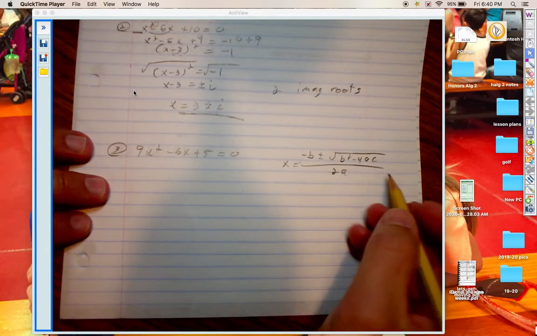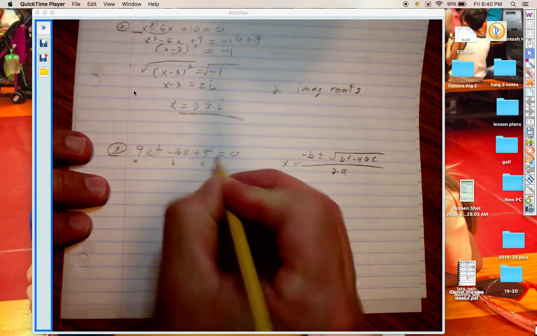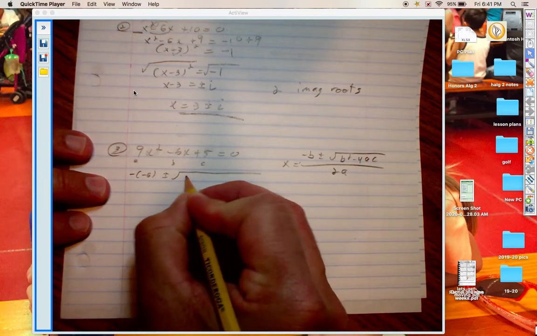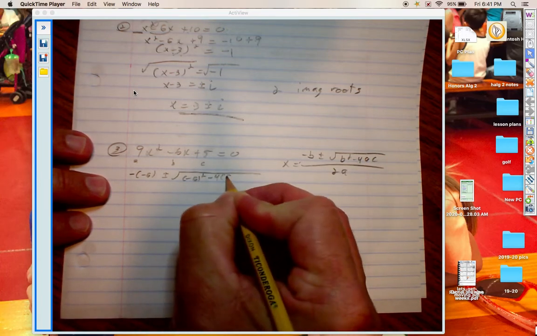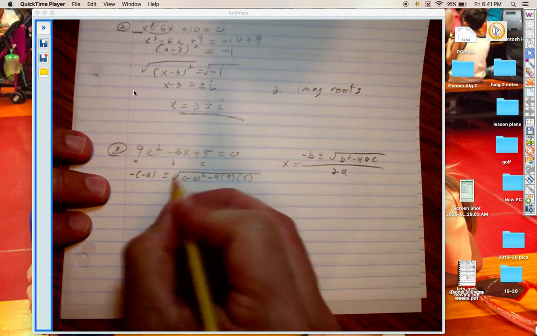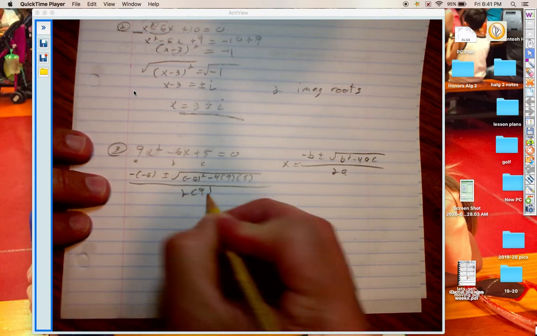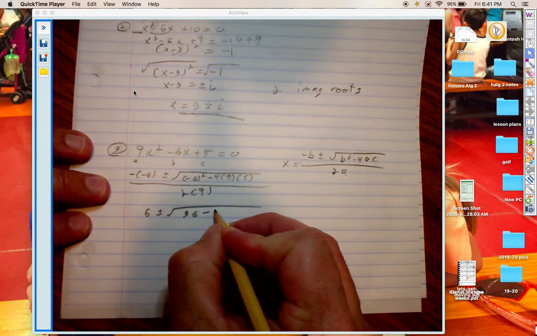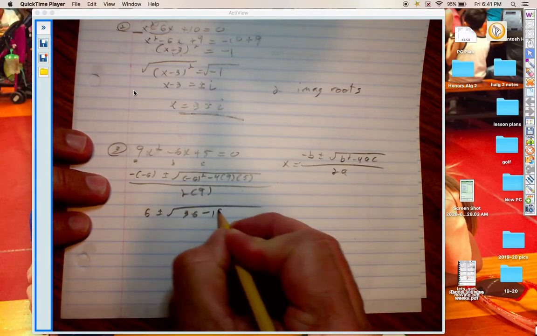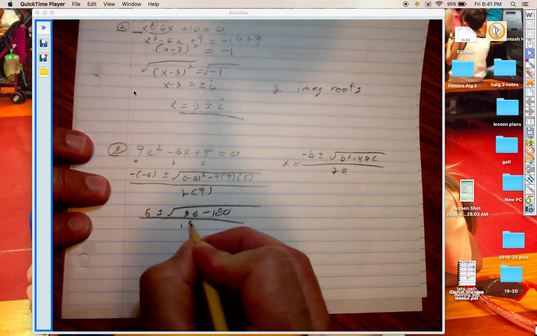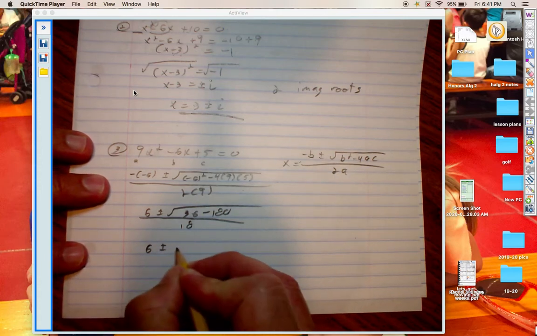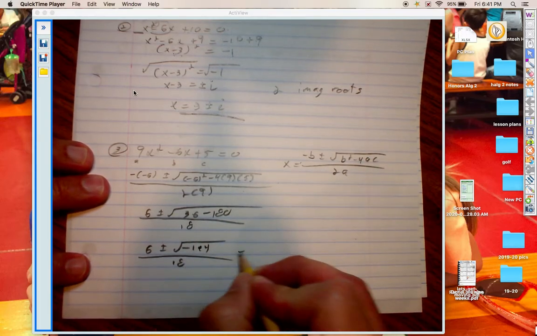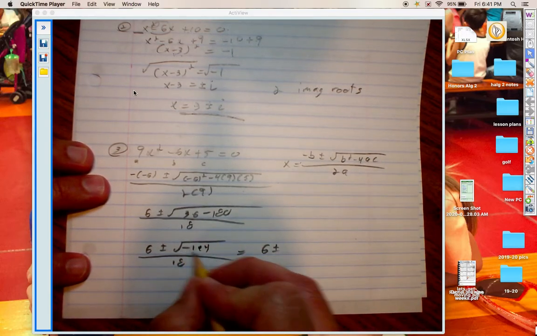All right, quadratic formula. A, B, and C. So I'm going to go negative 6 plus or minus the square root of negative 6 squared minus 4 times my A times my C, all divided by 2 times my A. 6 plus or minus the square root of 36 minus 180 over 18. 6 plus or minus the square root of negative 144 over 18. 6 plus or minus, the square root of 144 is 12.